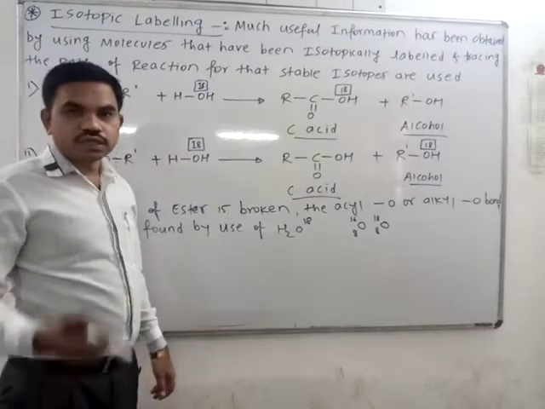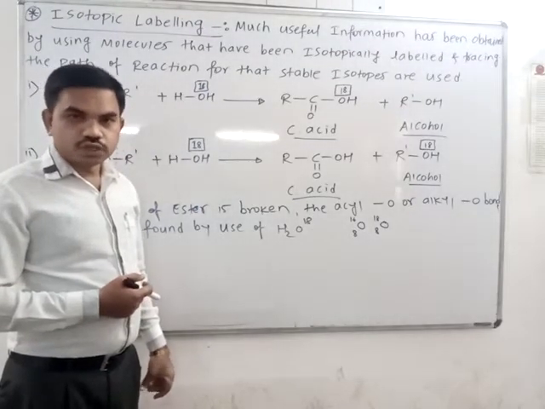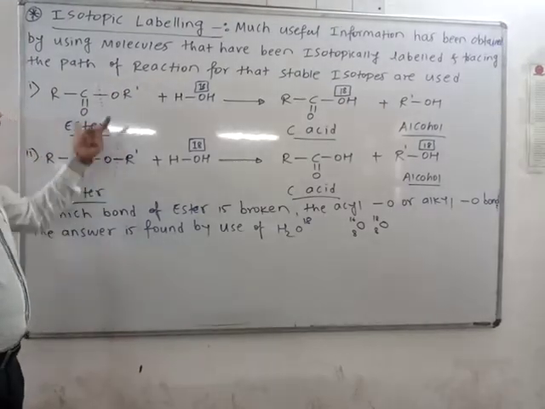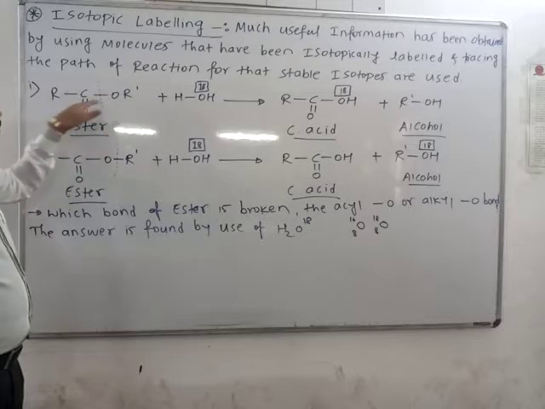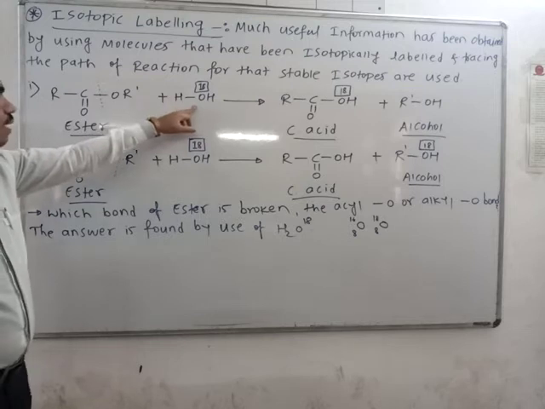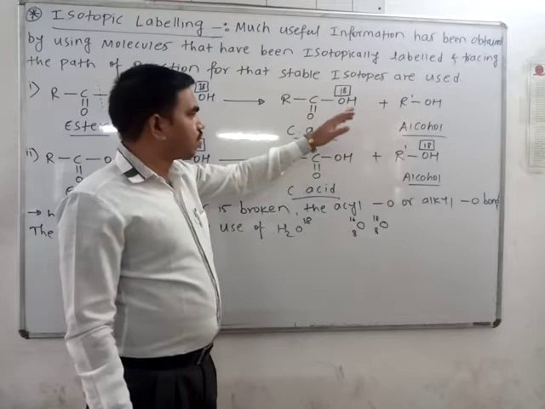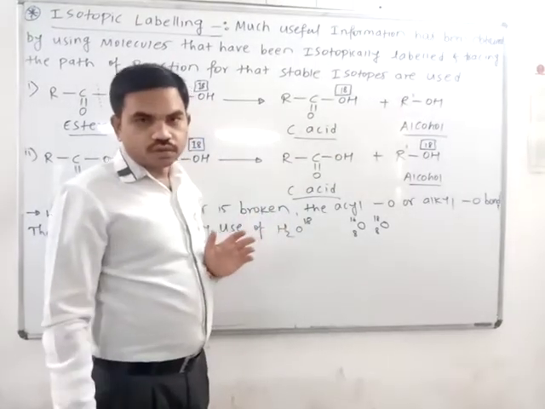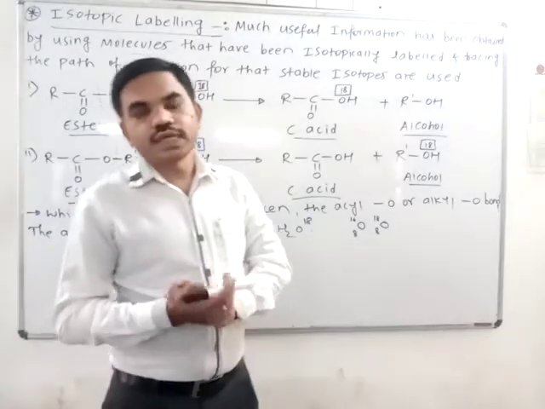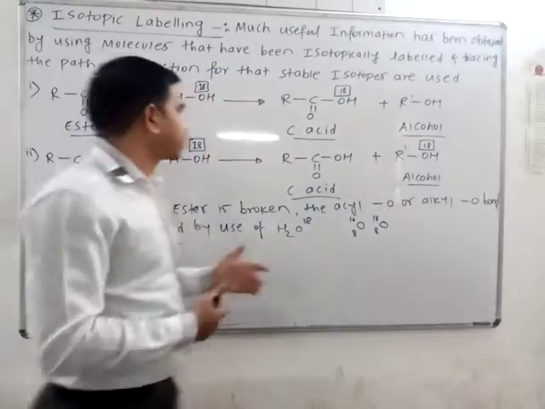So oxygen's other isotope, the stable isotope O-18, is used here, and if you find that the bond between C and O is broken, then this isotopically labeled oxygen is present with the acid and not with the alcohol. So it is clear from this mechanism, and this process is known as isotopic labeling.